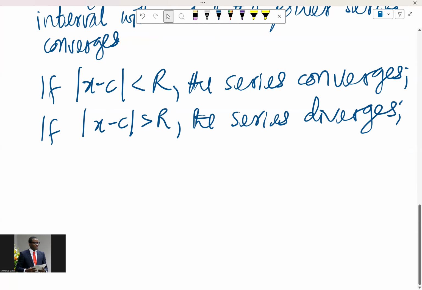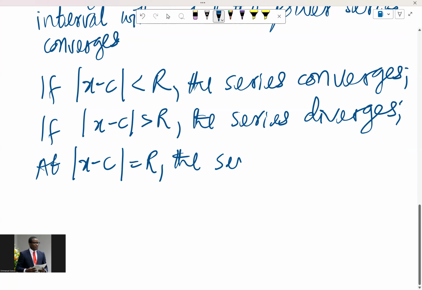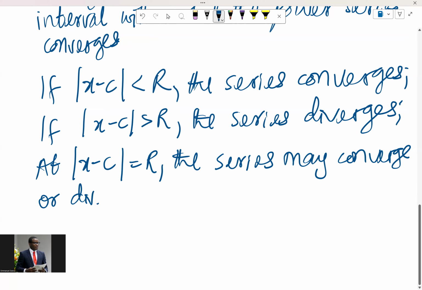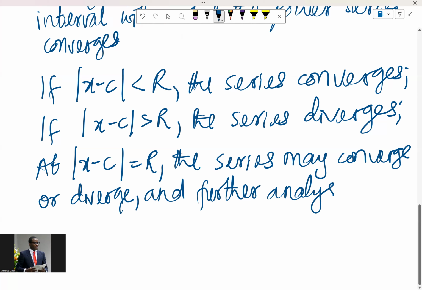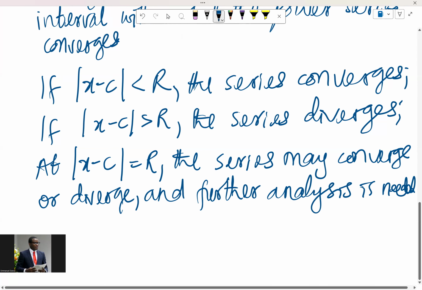Then at the absolute value of x minus c equals R, the series may converge or diverge, and further analysis is needed.